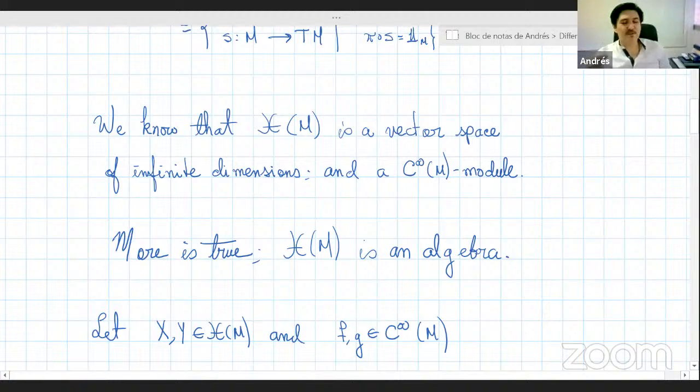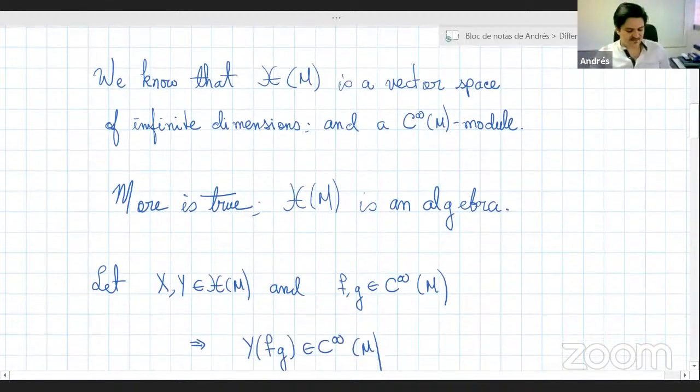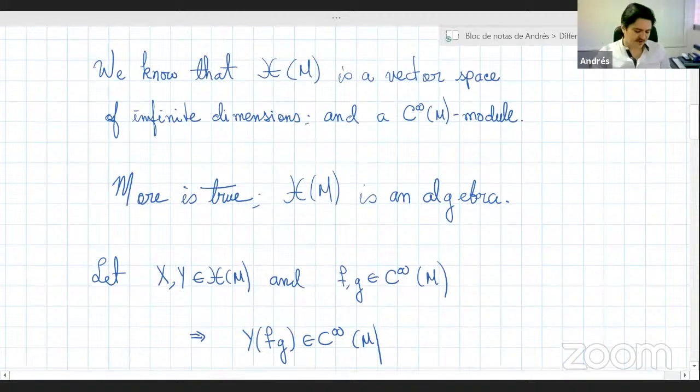So then we have the product rule on functions. So let's see what happens when we take two vector fields. First remember, if I take a vector field and a smooth function, think of this as just one function. The vector field applied to a function is again a smooth function, okay?